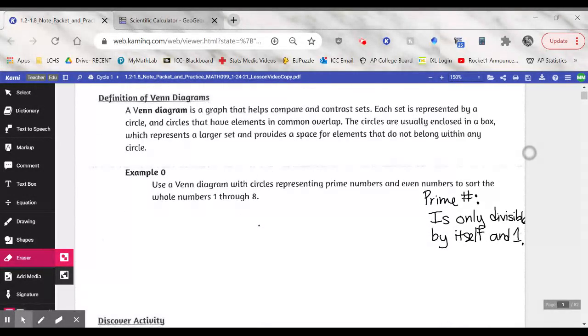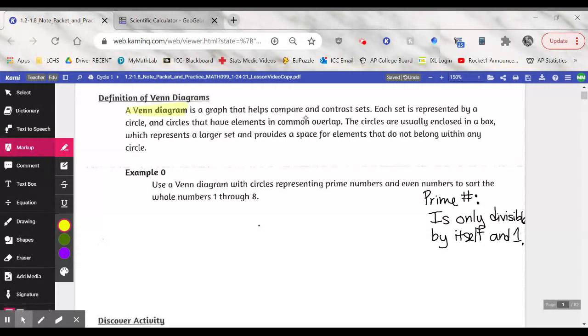The notes today start with the definition of a Venn diagram. A Venn diagram is a graph that helps compare and contrast sets. That helps us figure out what things are similar and what things are different. Each set is represented by a circle, and the circles that have elements in common overlap.